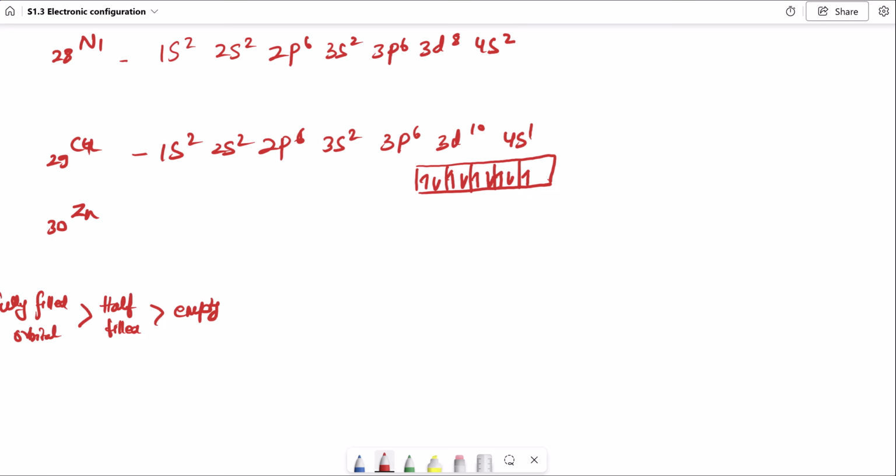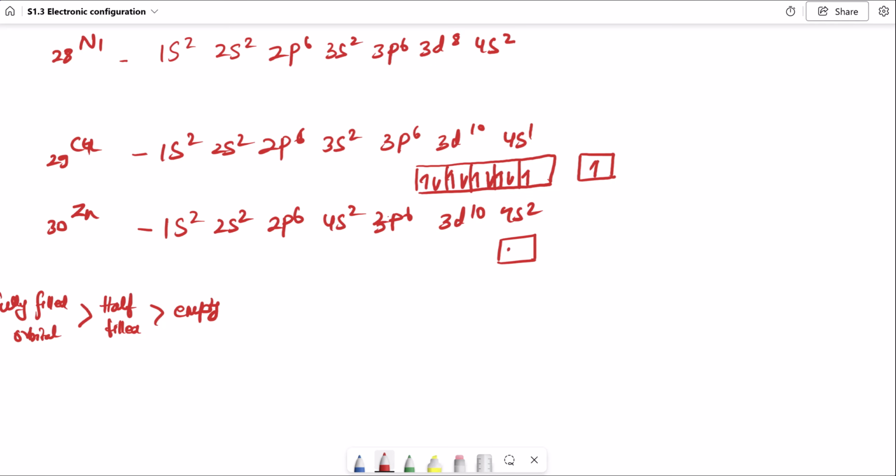So this will be empty, half filled. So we know that there are already 2 electrons, so one will jump from here to make this particular orbital stable. But in the next, zinc, we will just add to 4s, 4s2. Like this.